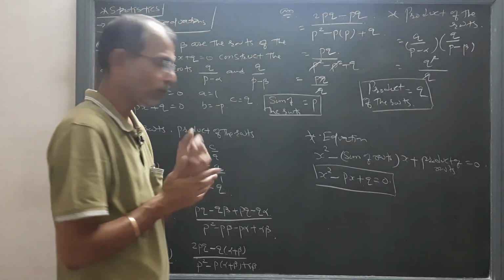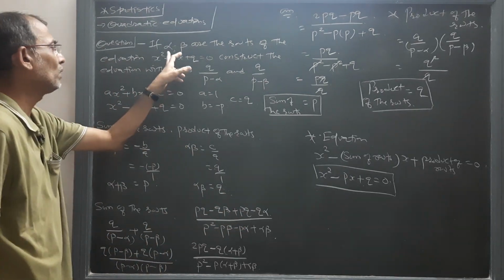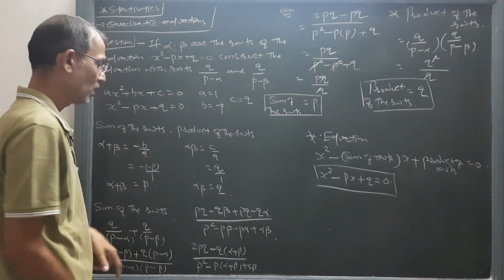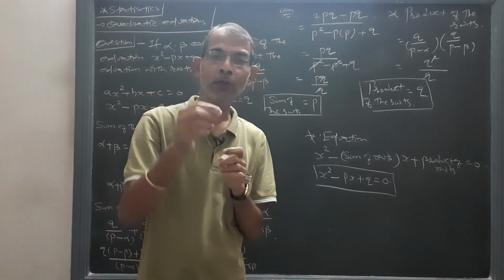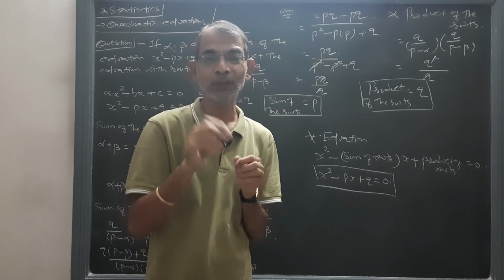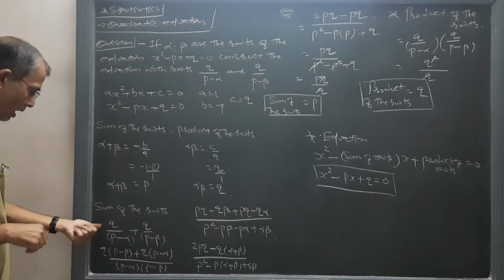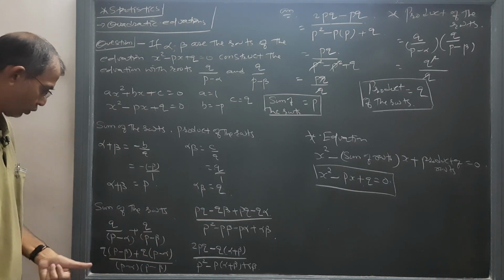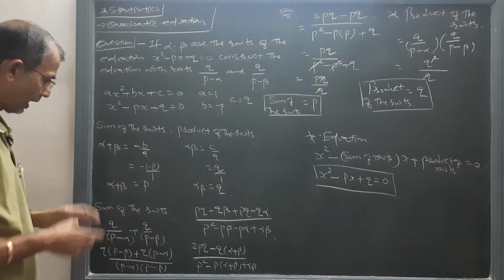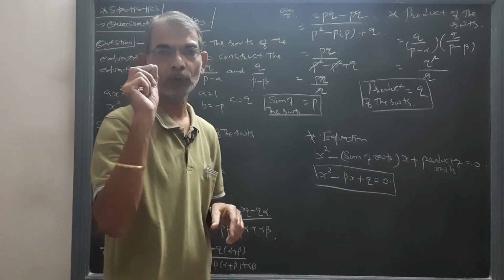First you have to find the value of the sum of the roots of the given equation and the product of the roots. Then after that we have to find the sum of the roots for which we have to construct the equation, which is q divided by p minus alpha plus q divided by p minus beta, and simplifying this we got the value p as the sum of the roots.